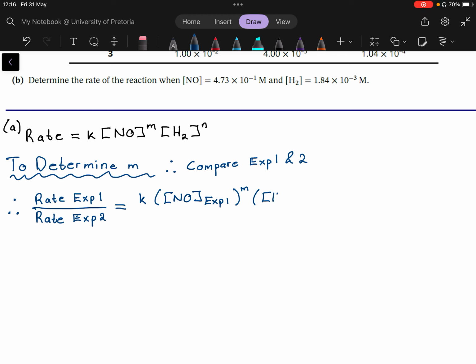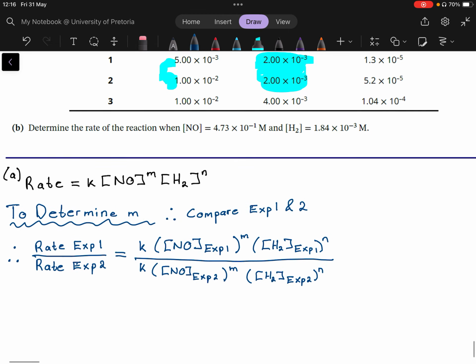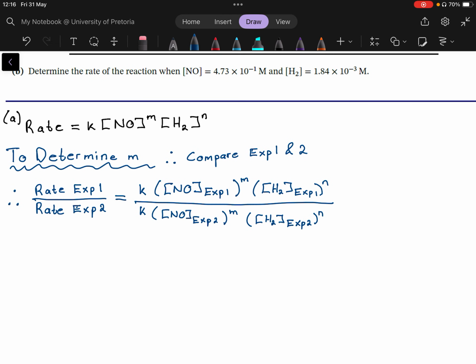And here it's the concentration of H2 in experiment 1 raised to the power n, divided by the rate in experiment 2, which is K, the concentration of NO in experiment 2 raised to the power m, multiplied by the concentration of H2 in experiment 2 raised to the power n.